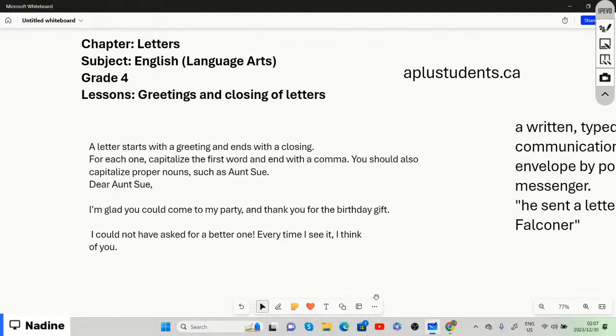And for each one, we need to capitalize the first word and end it with a comma. And you should also capitalize proper nouns.